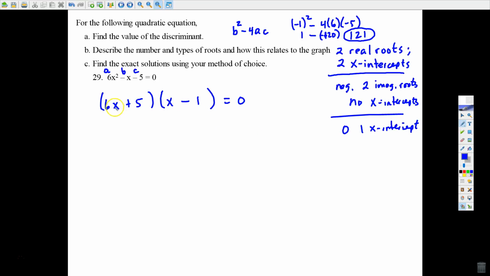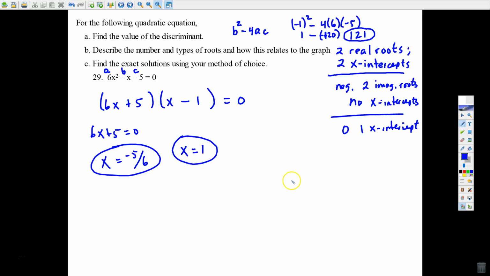Just a quick little FOIL check. This gives me negative 6x on the outside plus 5x on the inside makes negative 1. So that works. Setting both of my factors equal to 0 and solving, I get x is equal to negative 5/6, and over here I get x is equal to 1. So those are my two solutions. Okay, that takes care of number 29.